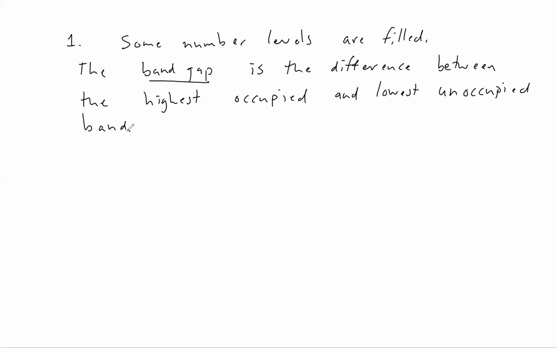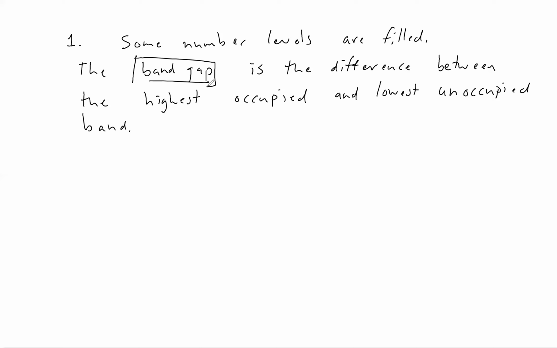So if the Fermi energy lies between bands, if one band is completely full, then we'll say that the band gap is the difference between the highest occupied and the lowest unoccupied band.